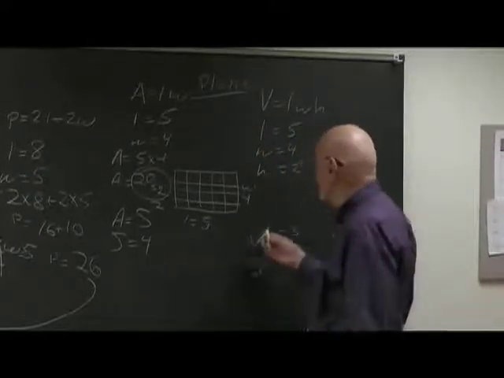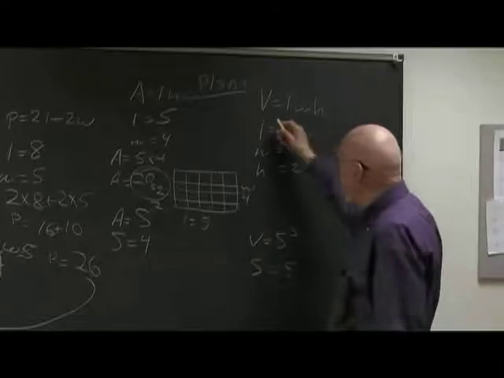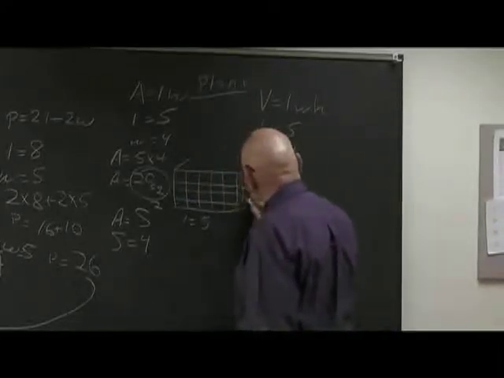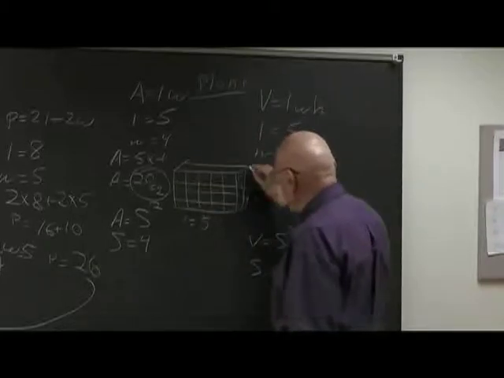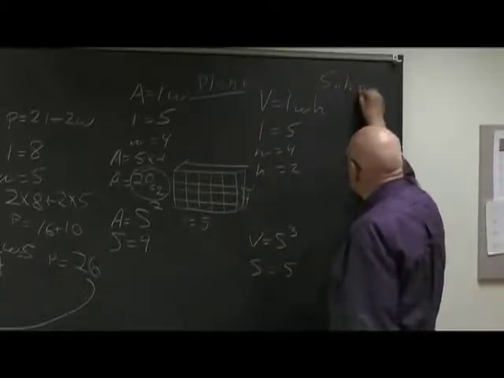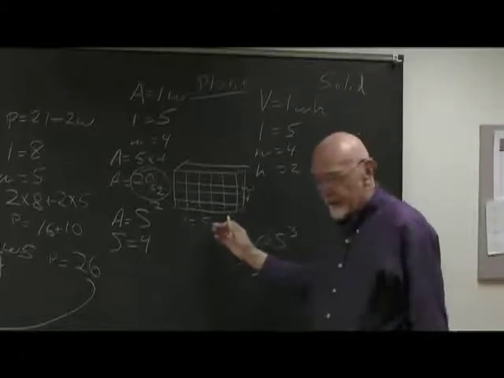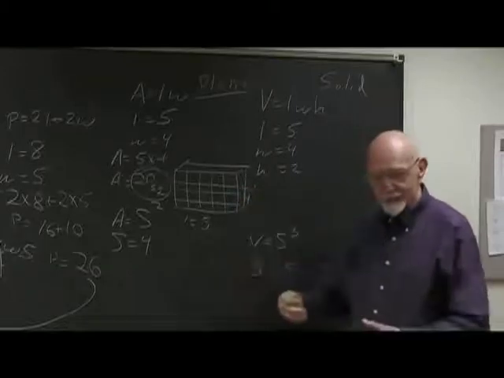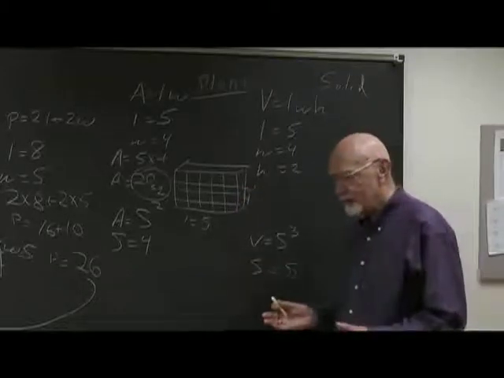It's the same thing. So that would be like adding another dimension here. So it's called solid geometry. It's not actually solid. It's probably hollow inside, but it's called solid geometry.